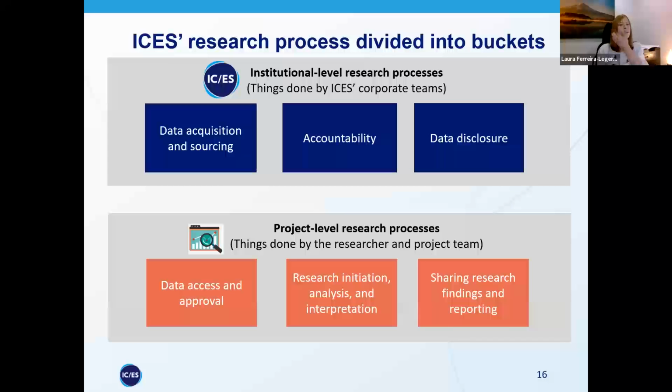This is just a brief snapshot: the People's Panel provided feedback in two buckets. There are institutional level research processes, things done by our corporate teams, and then project level research processes, things actually done by ICES scientists and project teams. These recommendations surrounded both of these processes and informed some of the key recommendations and actions that we've included in our guidance document.